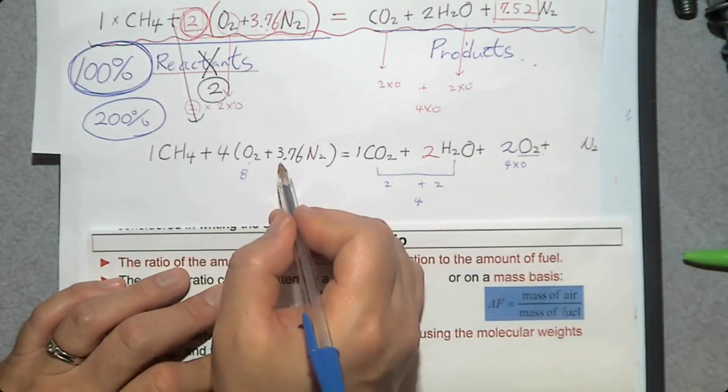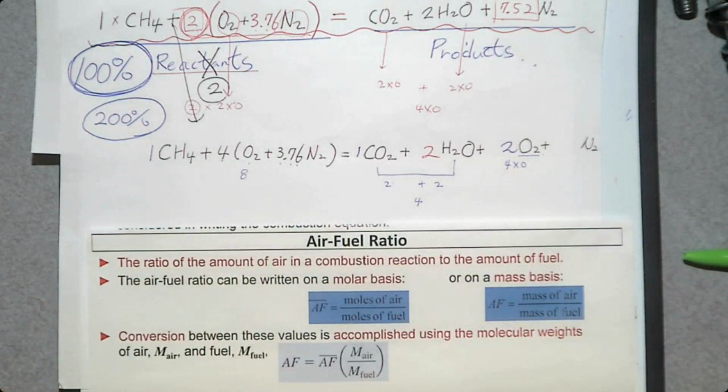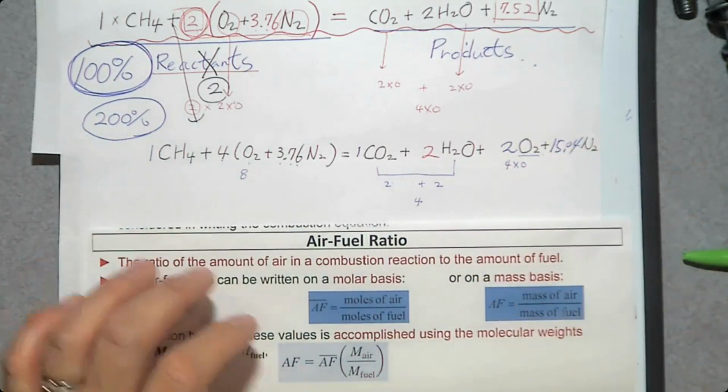And 4 times 3.76, that's 15.04 nitrogen.